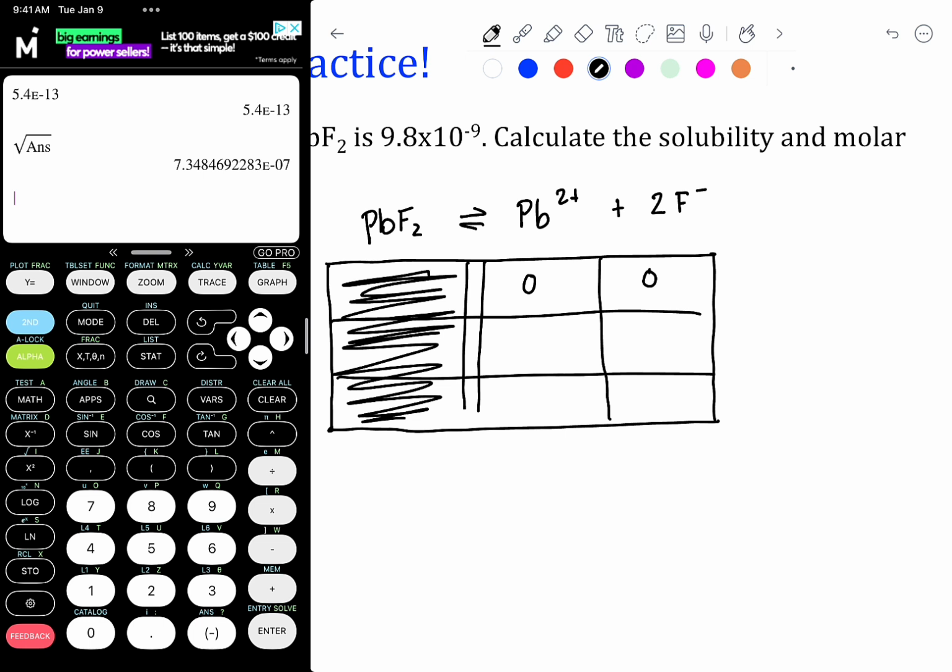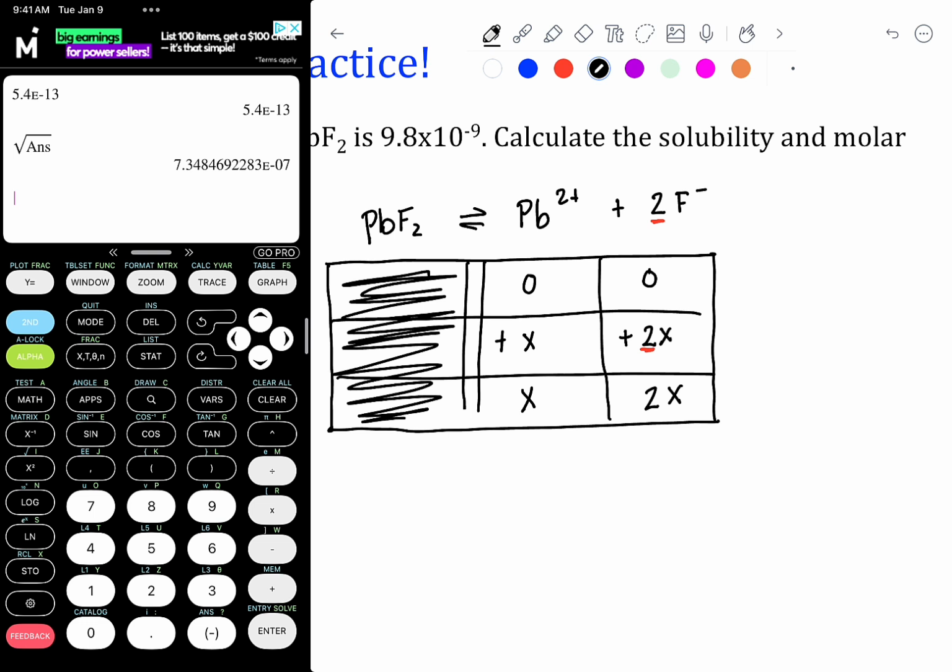Before I put that solid into solution, I don't have any ions. My change is now going to be plus x and plus 2x. Remember that if this has a coefficient out in front of it, that coefficient gets brought down into the change column, leaving my equilibrium column as x and 2x.